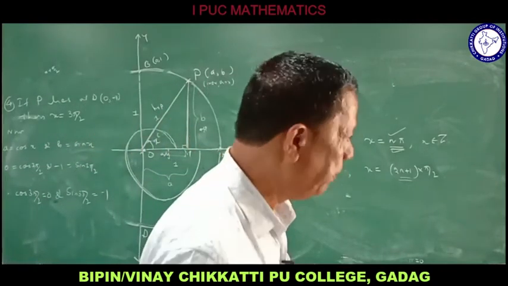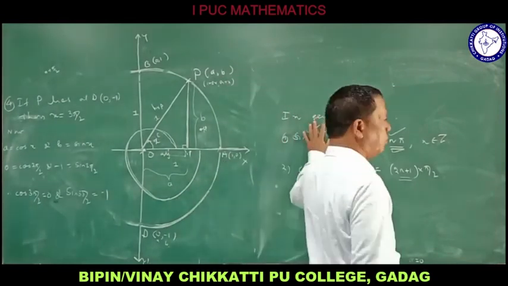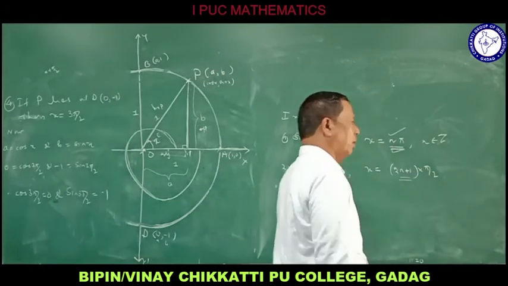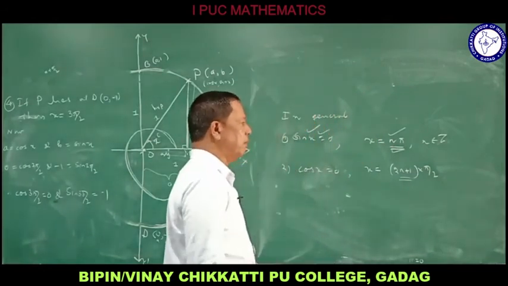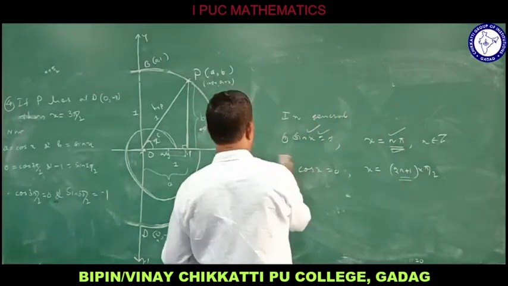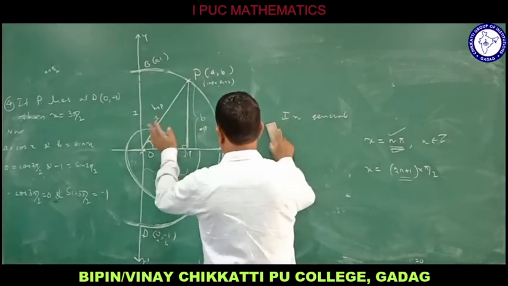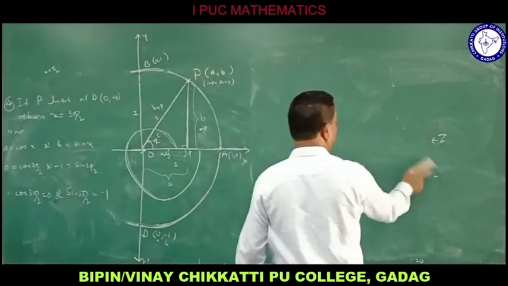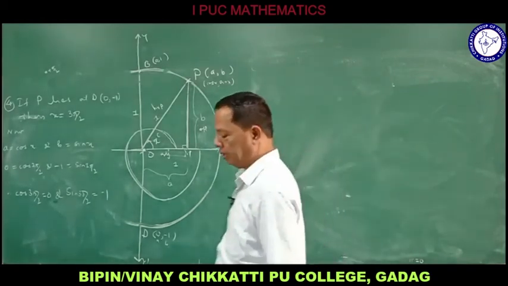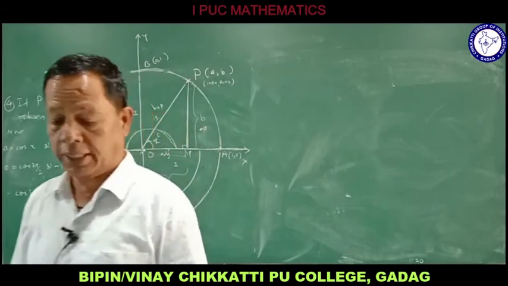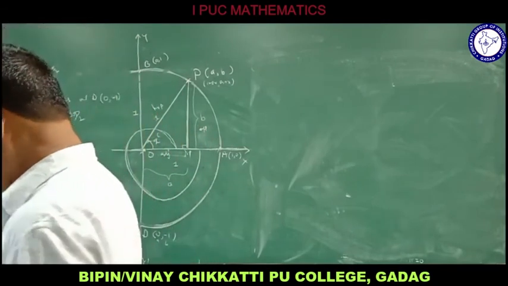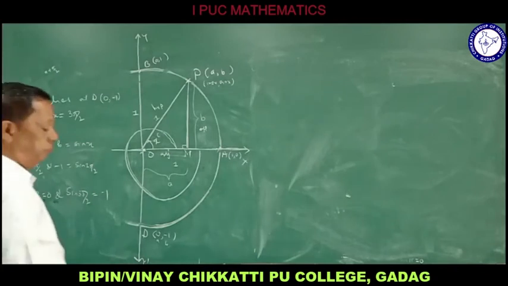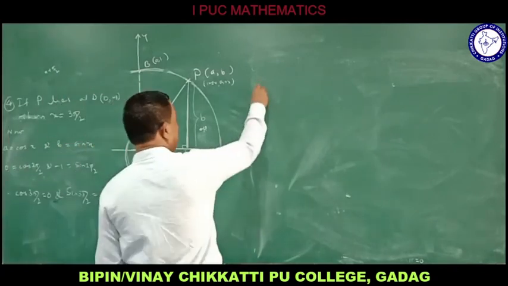Once again I repeat, sin x is 0 when x is equal to n pi, n belongs to z, integer. Cos x is equal to 0 at odd multiples of pi by 2. We have seen 90, how we get it 0. So now coming to the point finally, all trigonometric functions, of which 4 are expressed only in terms of sine and cos.